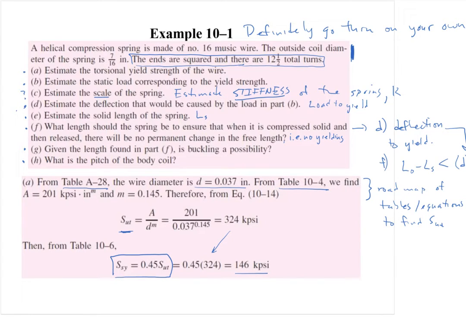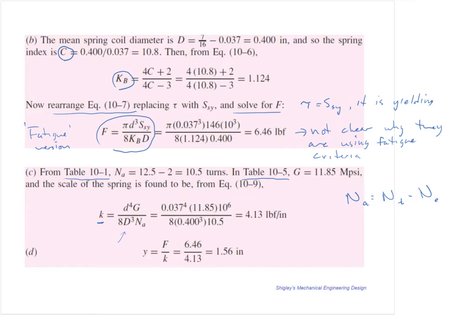Let's go up here again. The outside coil diameter is what they give you actually. So that's not the nominal coil diameter. The actual nominal coil diameter is going to be different than that, which they put in here.